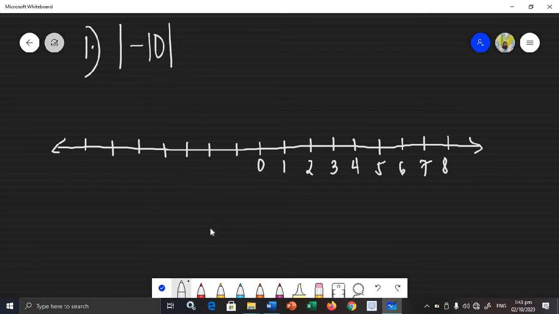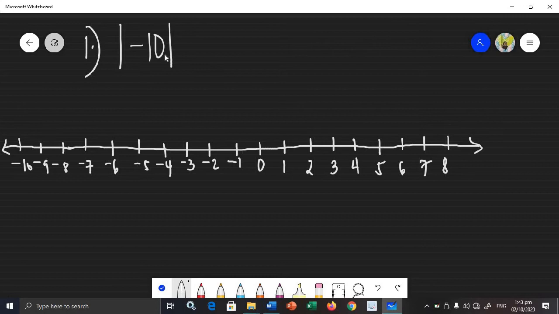And then here on the left side are the negative numbers. It seems it won't fit. So, we have negative 1, negative 2, negative 3, negative 4, negative 5, negative 6, negative 7, negative 8, negative 9, and negative 10.